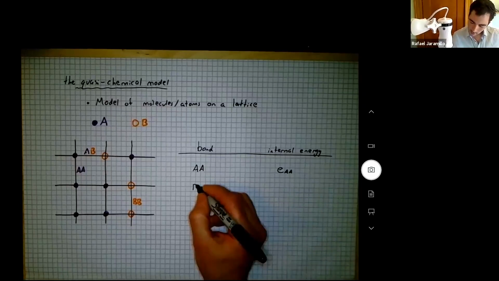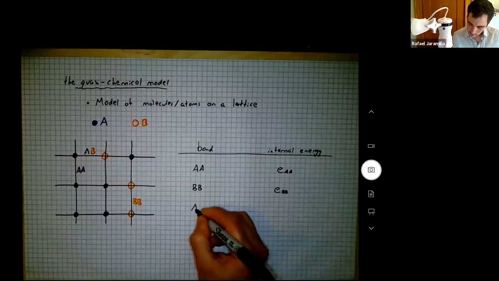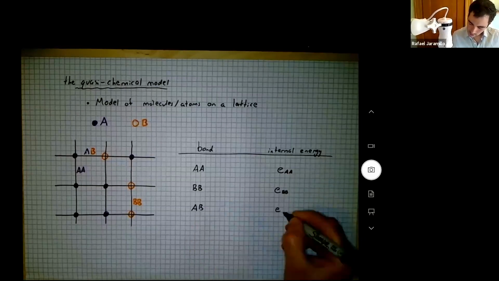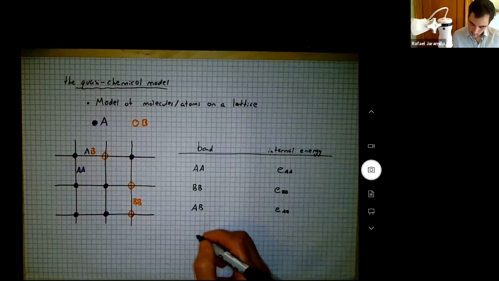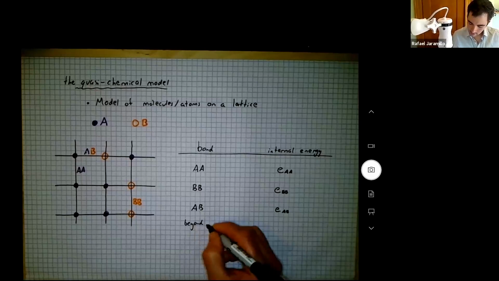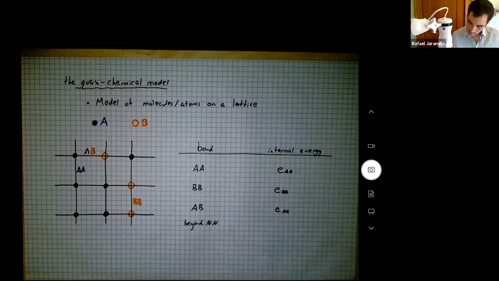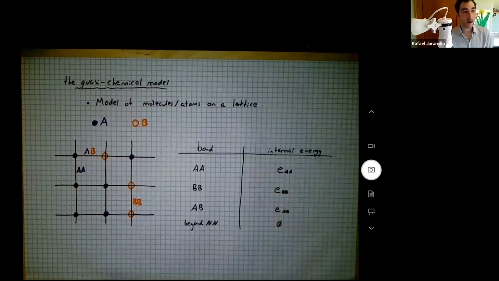For the B-B bond, we're going to say E_BB. The A-B bond is going to have energy E_AB. And beyond nearest neighbor, no energy. So we're saying that only nearest neighbor bonds matter. That's the model. So it's very simple.